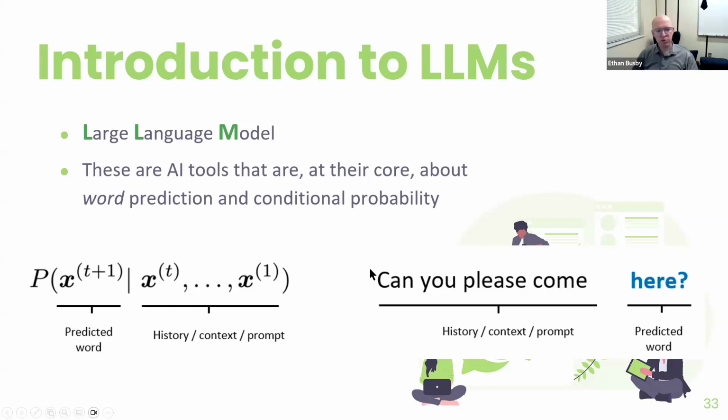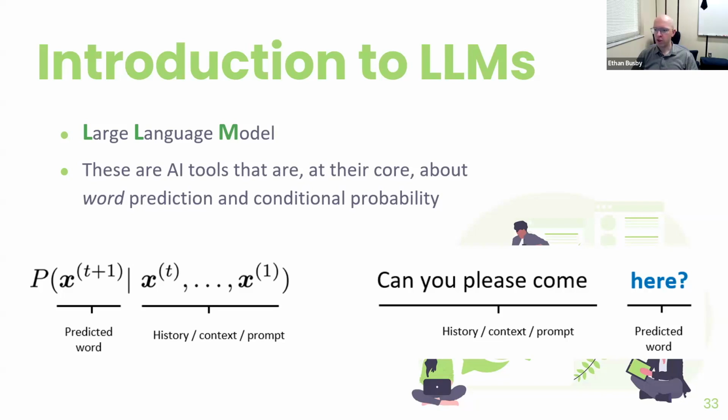And so the way that large language models might work in this case is, given some context like "can you please come," they'll come up with a set of probabilities for what terms or tokens ought to follow this phrase. And I'm going to assign more emphasis or weight to the term here as opposed to the word banana or fire station, or terms that seem very unlikely to follow after this context.